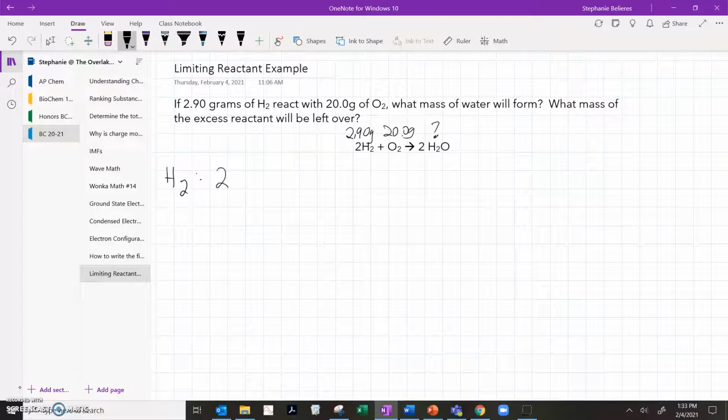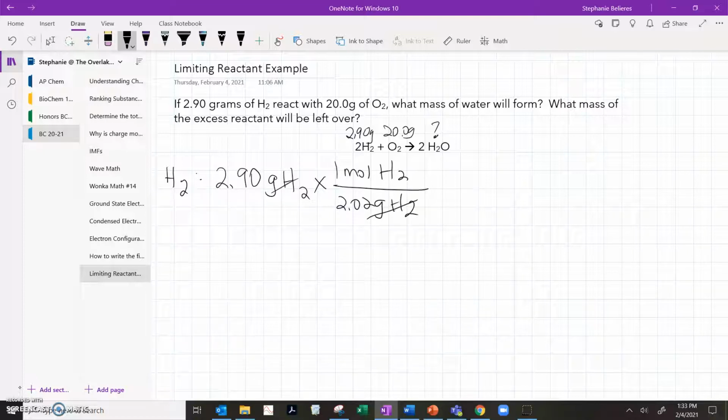So this is hydrogen as my starting amount. And I'm going to take my starting amount and just do a stoichiometric grams to grams conversion of hydrogen to water. So I'm going to start with 2.90 grams of hydrogen. First step is going to convert to moles. Mass. So I'm finding this amount on the periodic table. This is 2.02 grams. Okay, so that cancels.